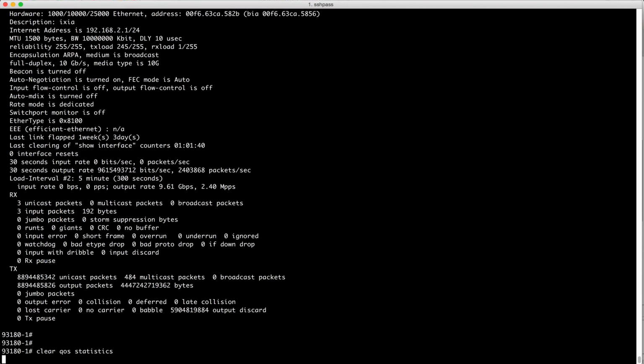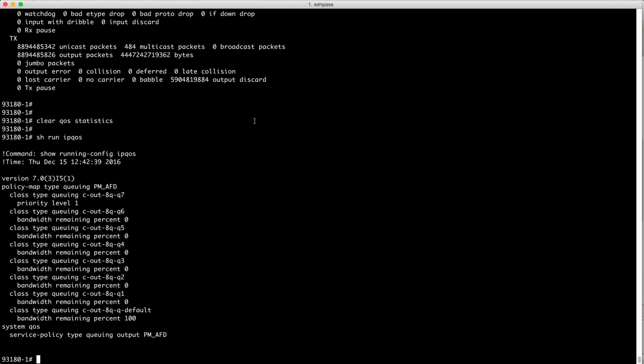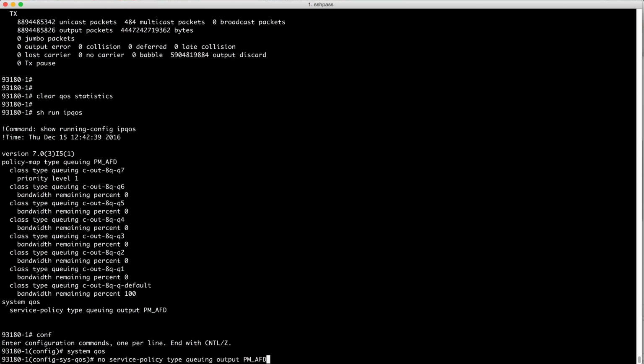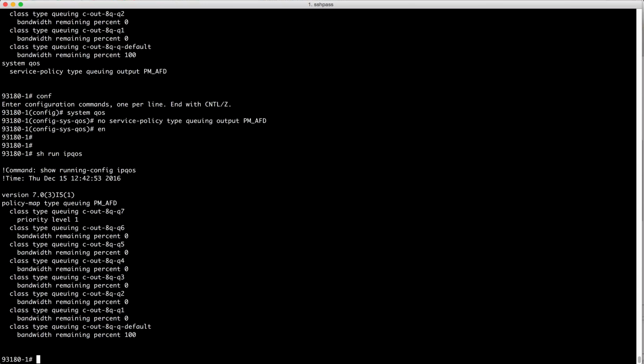We're going to clear the QS statistics, and at the moment we have no specific QS configuration. I have the AFD policy map prepared, but actually we're going to remove it. So here we make sure there is no specific QS policy applied anywhere. It's only defined, but it's not applied.